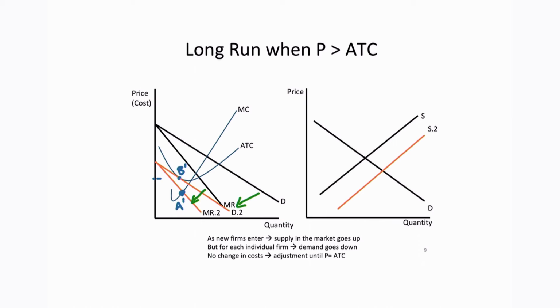So here what we observe over the long term, as new firms enter the market to take advantage of the positive economic profits, is that the price is equal to average total cost, and the price is greater than marginal cost. So we have some markup, but marginal revenue is equal to marginal cost.